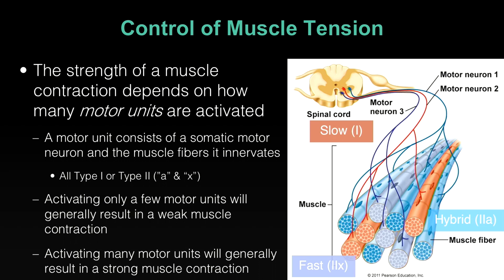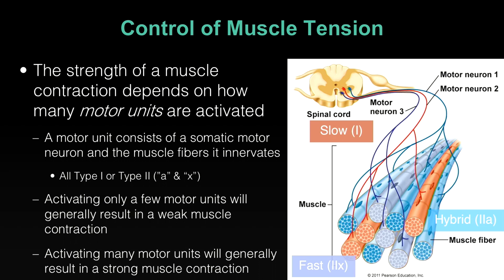Now I want to point out while we're here, because I bring it up on the next slide, the colors are generally what we would expect. The nerves innervate the appropriate muscles, but the diameters aren't drawn to scale. And that's important when we get to the next slide. The red ones are the smallest, and the fast, type 2X, are the largest, and hybrids are in the middle.